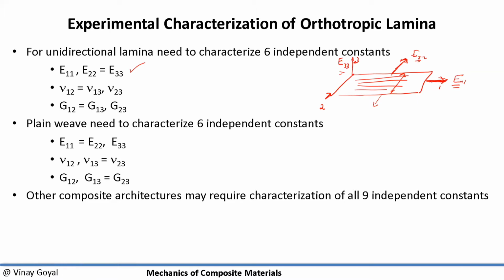If I apply a load in the one direction, then I measure the contraction in the third direction. Notice that whether I'm measuring the contraction in the two or the three direction, in both cases I'm measuring across the fibers. So it makes sense that nu 1,2 equals nu 1,3 in this scenario. I hope that's clear.